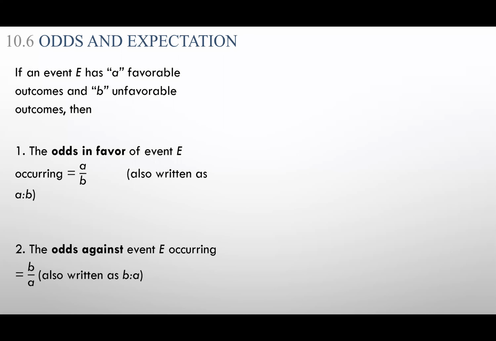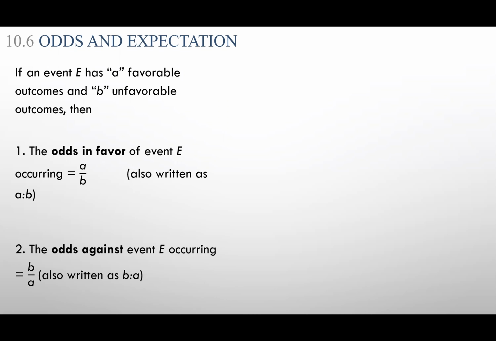For this author, for this book, this is how he defines how to find the odds. If an event has a favorable outcome, which we call A, some number in favor of the item we have, and B is the unfavorable outcome. You will hear me say a lot that A is what you have and B is what you don't have.